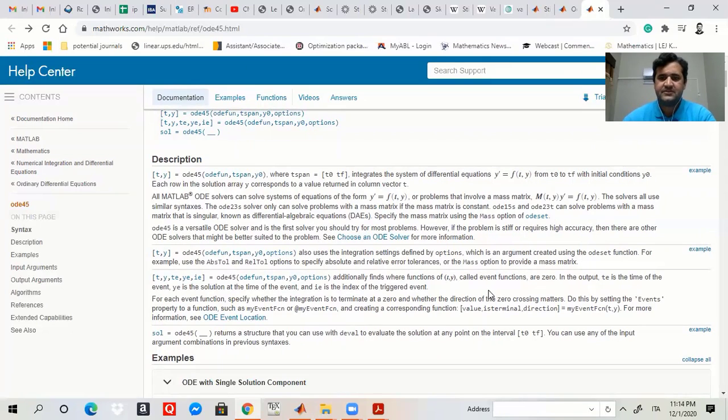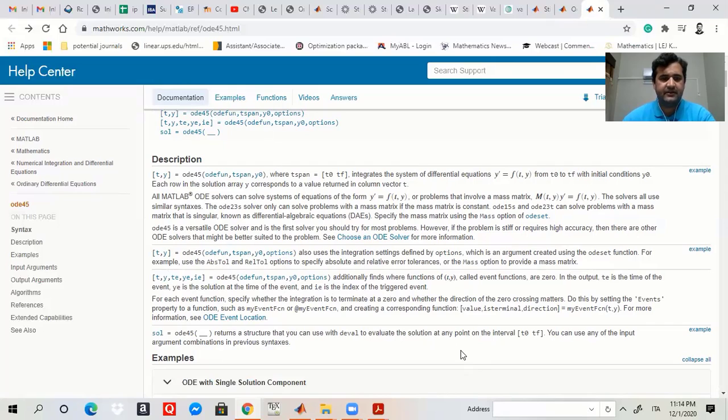In order to do that, as an output I will get the time of the event, which is TE. Then of course YE, which will tell the solution at that particular time event. And similarly, this one over here is the index of the triggered event.